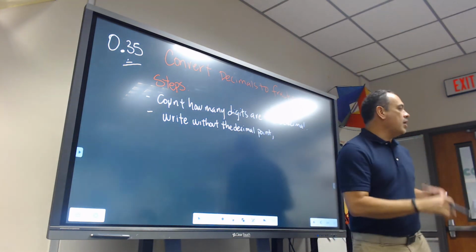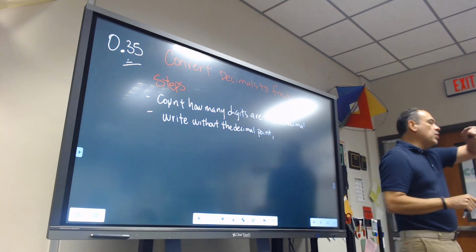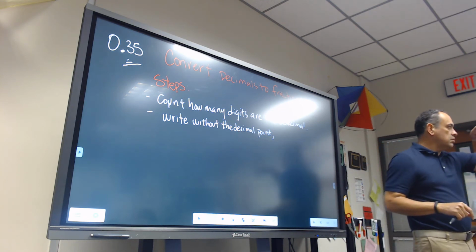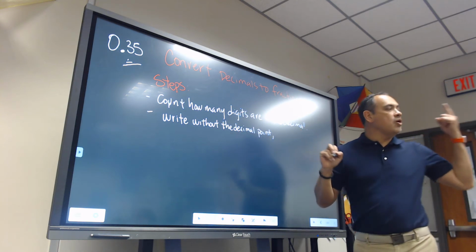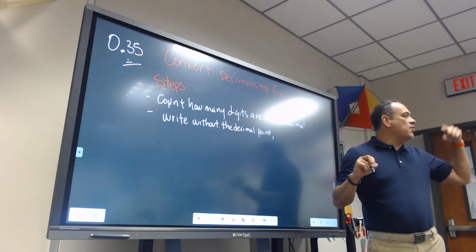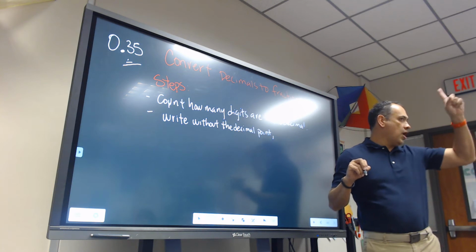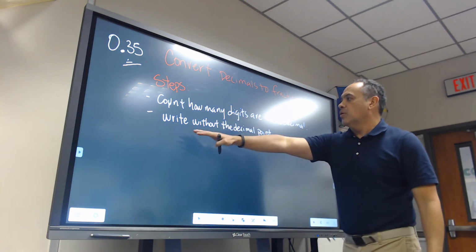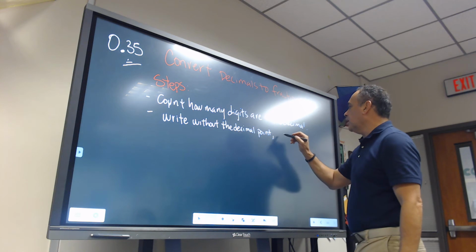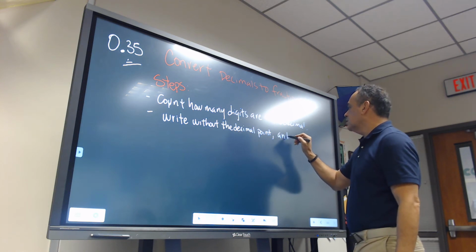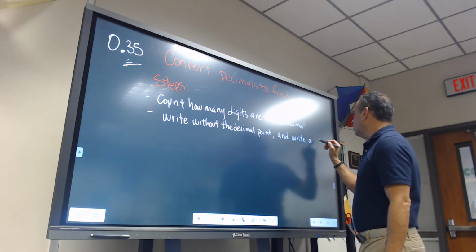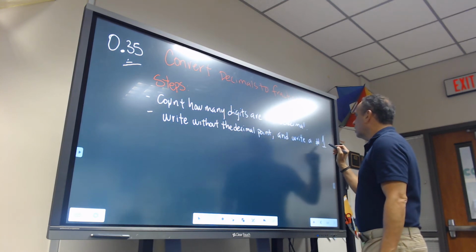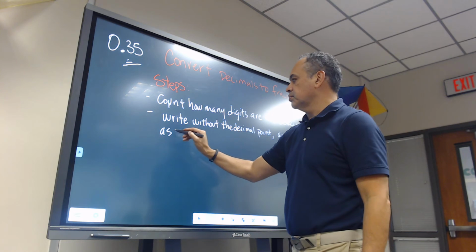We're going to write it without the decimal point, and we're going to put that little line for a fraction, and we're going to add a denominator of 1. Write the number 1 as the denominator.